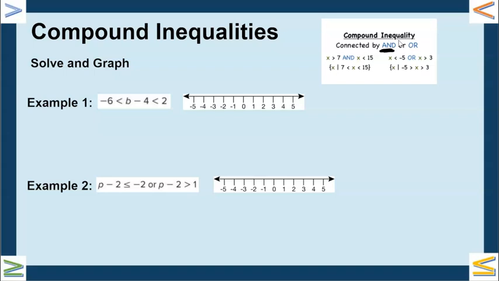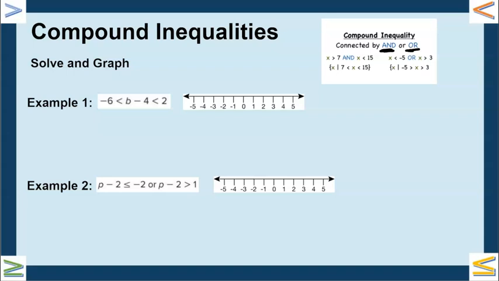A disjunction inequality uses the keyword or. So this first one is going to be a conjunction. They didn't use the word and, but they could have. This one is in abbreviated form.